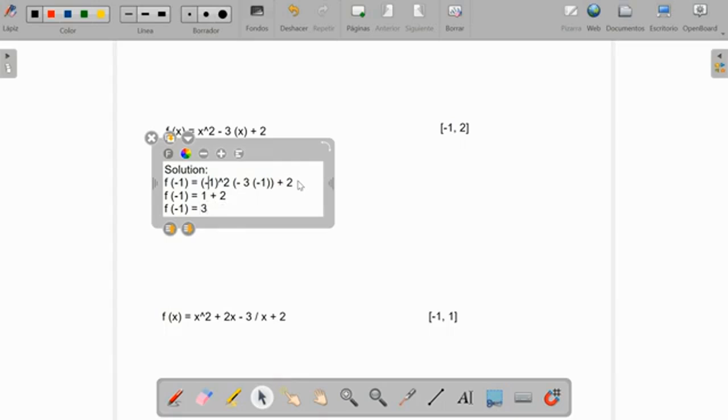Now, that's not the solution. Being honest, I don't know why it is different to my solution here. Let me check it, and well, I know why it is different.